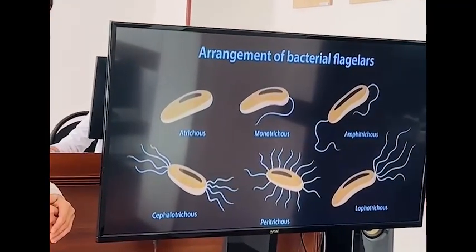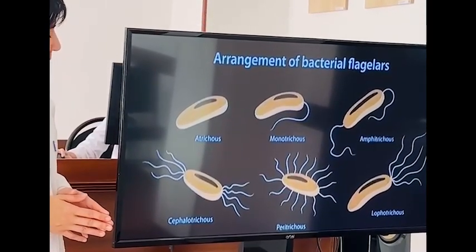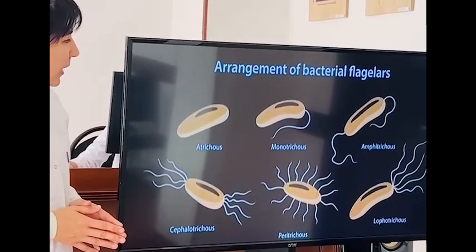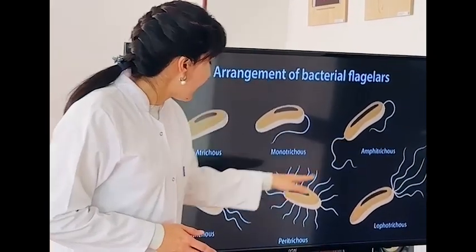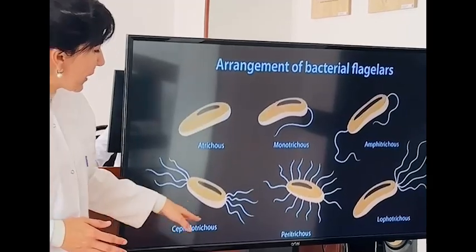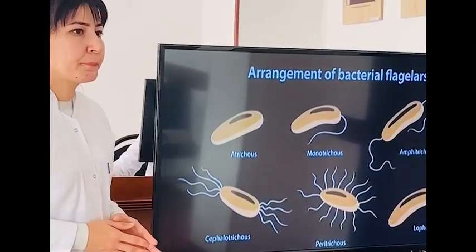And here you can see pictures showing how flagella are located in bacteria: monotrichous, amphitrichous, cephalotrichous, peritrichous, and lophotrichous.